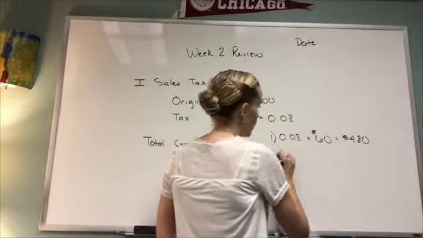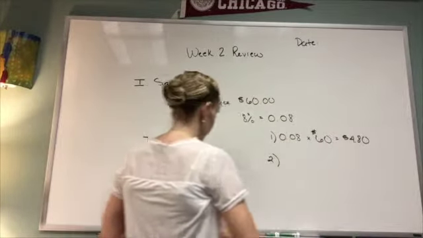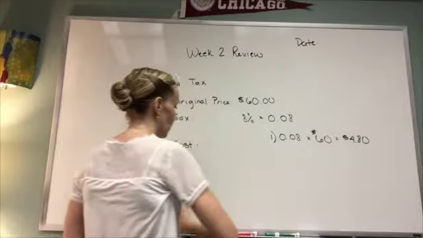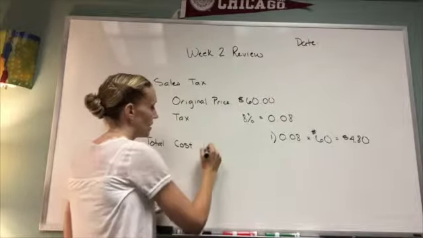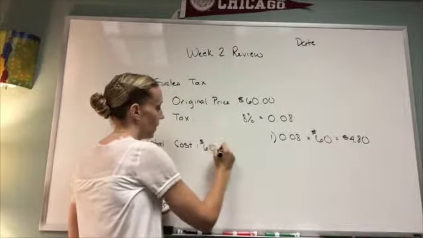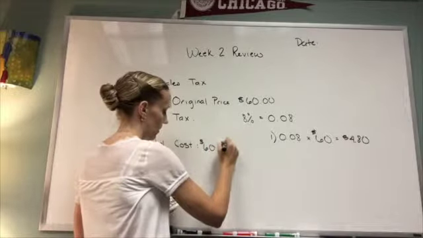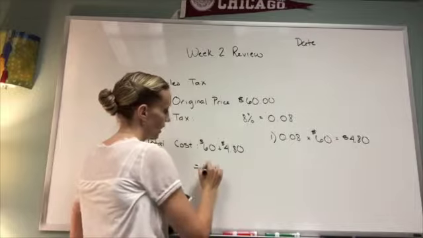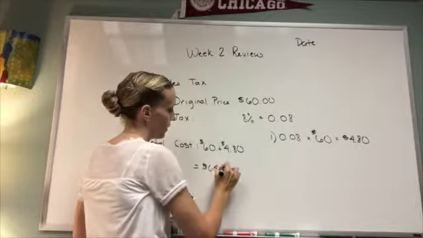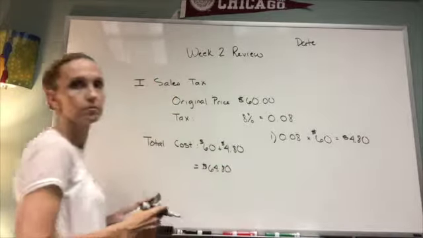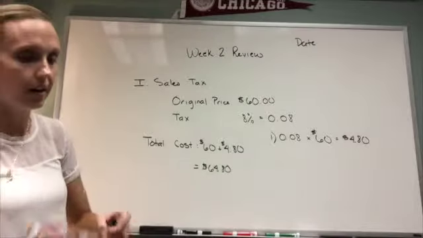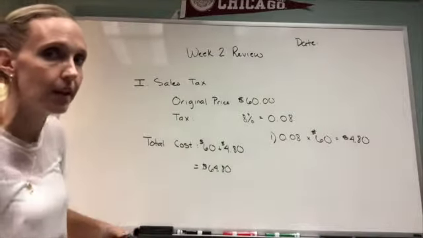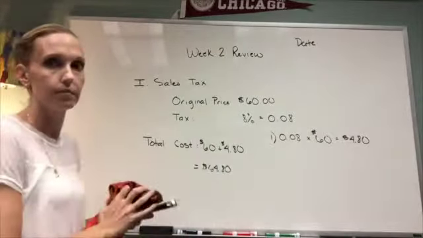And then now we're just going to add them together. So we get $60 plus $4.80. So what's my total cost? $64.80. Hopefully that's what you got. If not, please put a star by it and we'll go over it tomorrow.